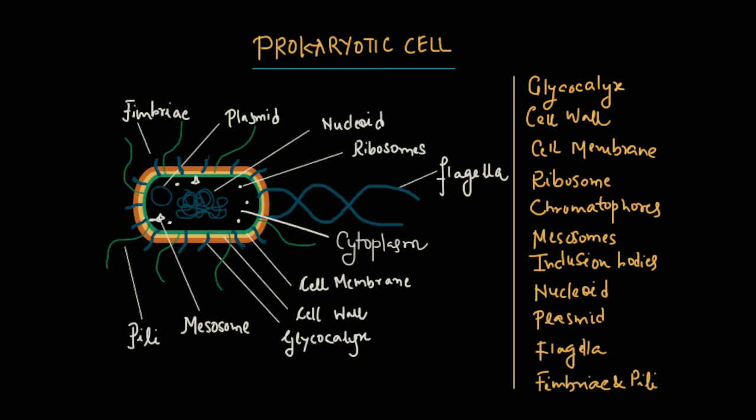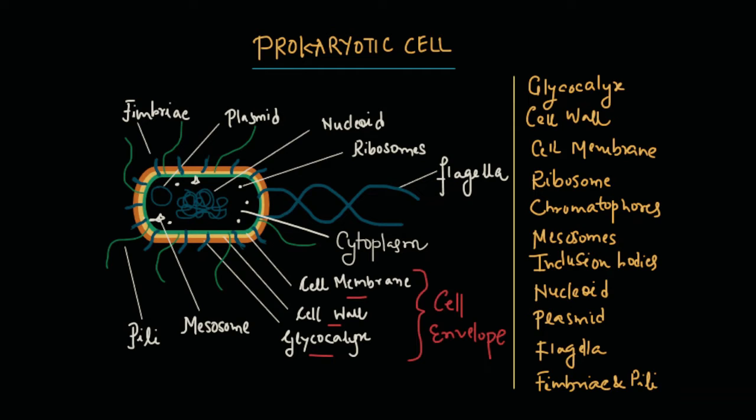Here we have a schematic diagram of the prokaryotic cell and the various structures that comprise the prokaryotic cell. We will start with the outermost covering of the protoplasm, known as the cell envelope. It is a three-layered structure that comprises the outermost glycocalyx, then the cell wall and the innermost cell membrane.